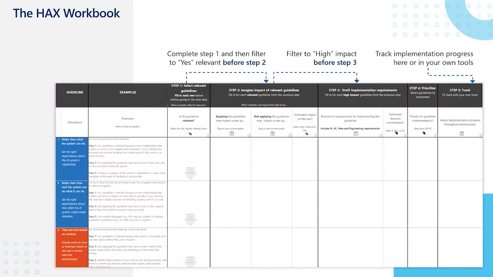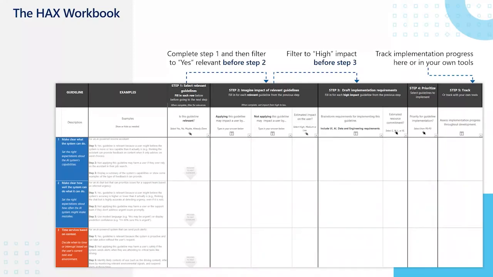The HAX workbook is available in an Excel spreadsheet that anyone can download and use, and it consists of 4 main steps followed by a 5th step for taking notes and tracking. I will be walking you through each one of the steps. First, on the left side columns, we see each guideline along with a set of examples for how a team would answer for each of the steps for a fictional example for that guideline.